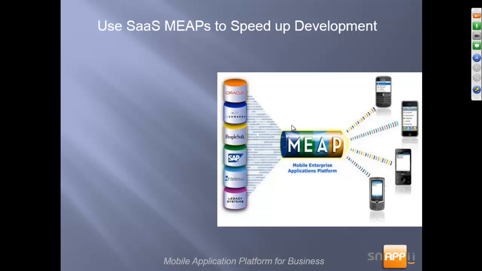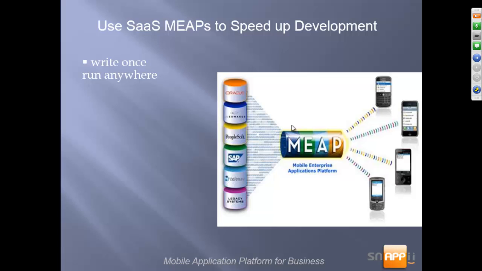So let me talk about what to look for in a mobile enterprise application platform. The very basic thing that it should give you is write once, run anywhere, right? You should be able to create one app and create it once, and the MEAP should generate the code if it creates a native application, or generate the HTML5 JavaScript code.